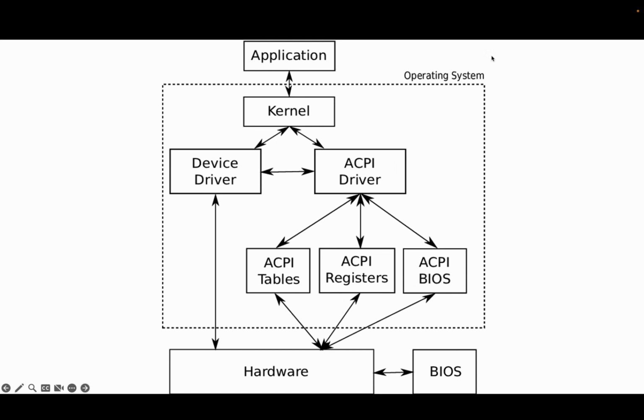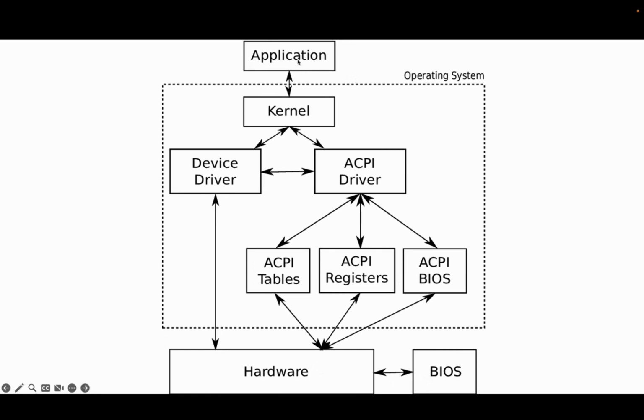Here we can see an abstract figure of the communication map between application and hardware. For example, in our case, our application is Acer Predator Sense. And here we have the operating system, and with the data flowing between these modules, it will eventually get to the hardware, and then the hardware can connect to the BIOS.